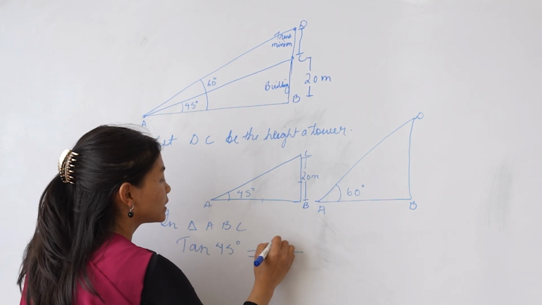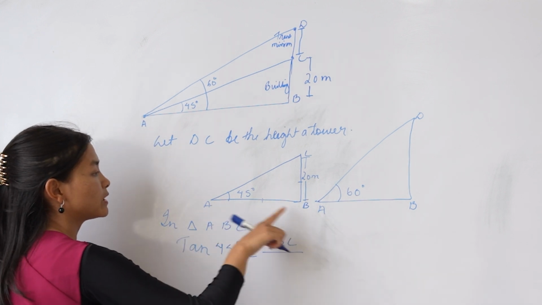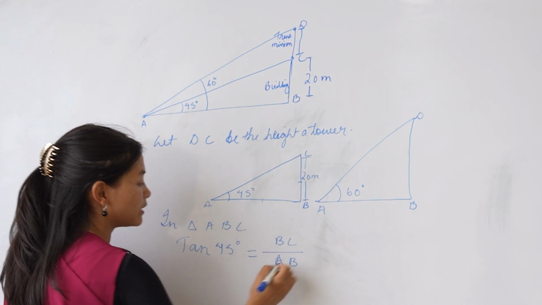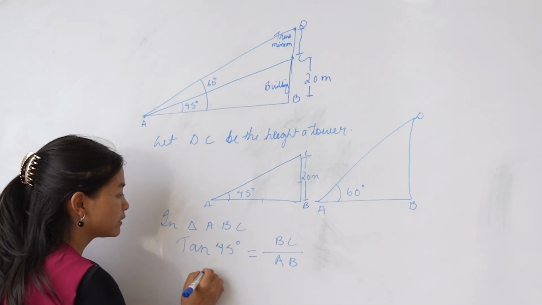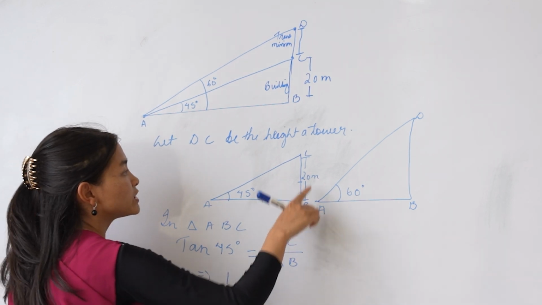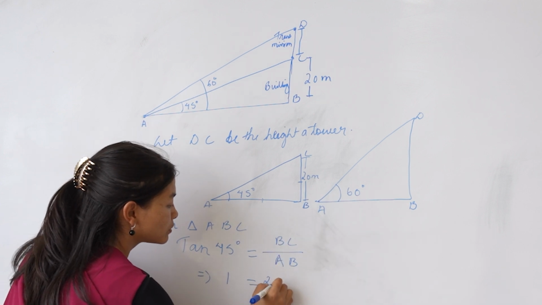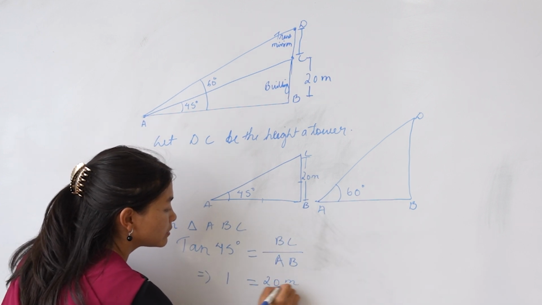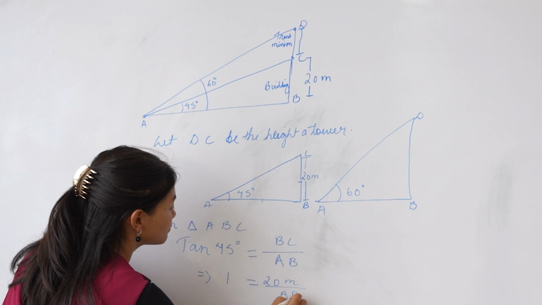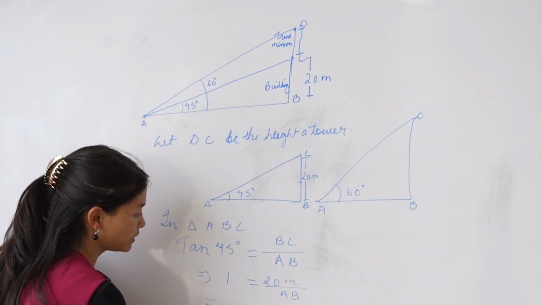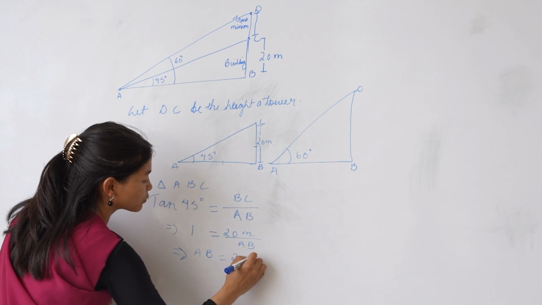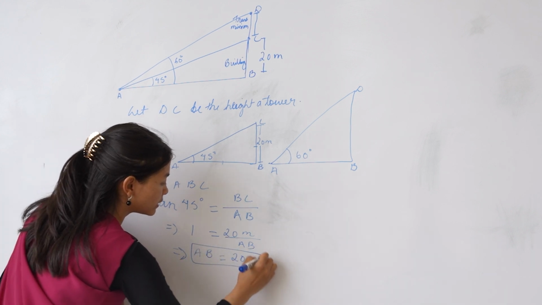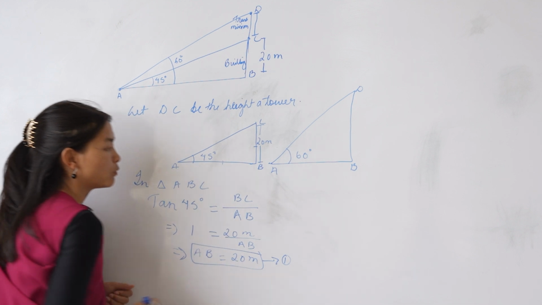So the perpendicular is BC and the base is AB. So tan 45 is 1, BC here is 20 meter, and AB we need to find. So cross multiply, we get AB is equal to 20 meter. Name this as equation 1.